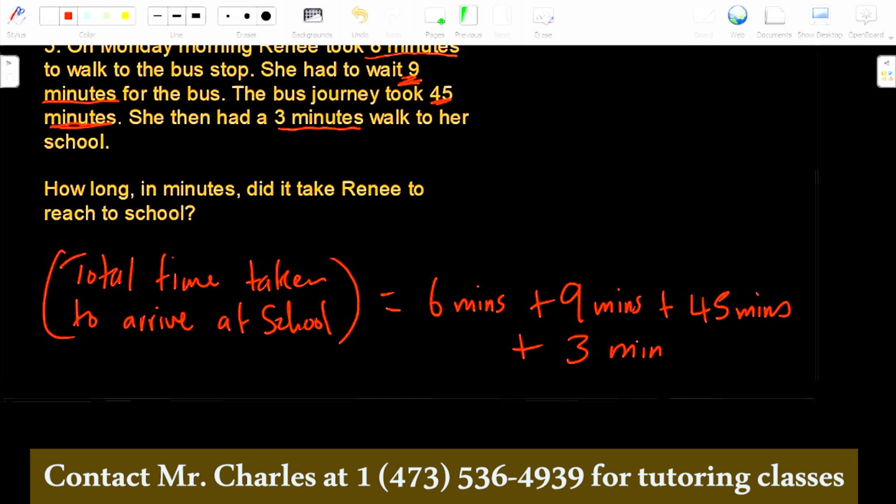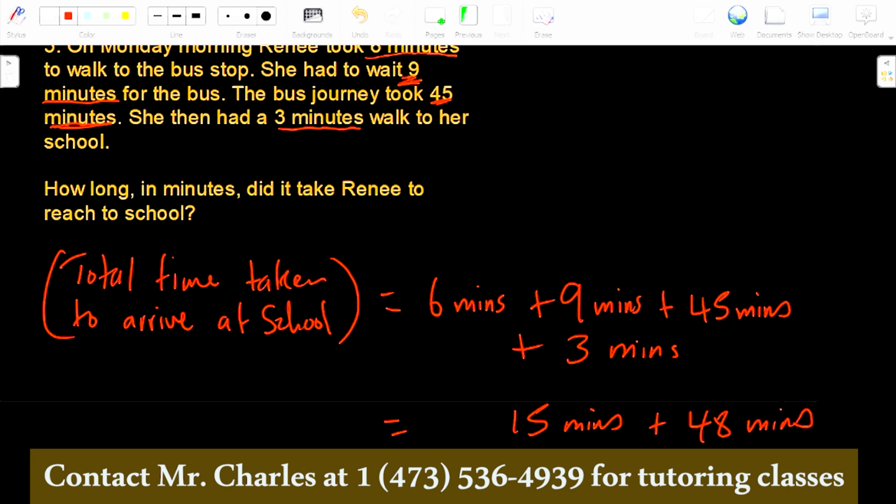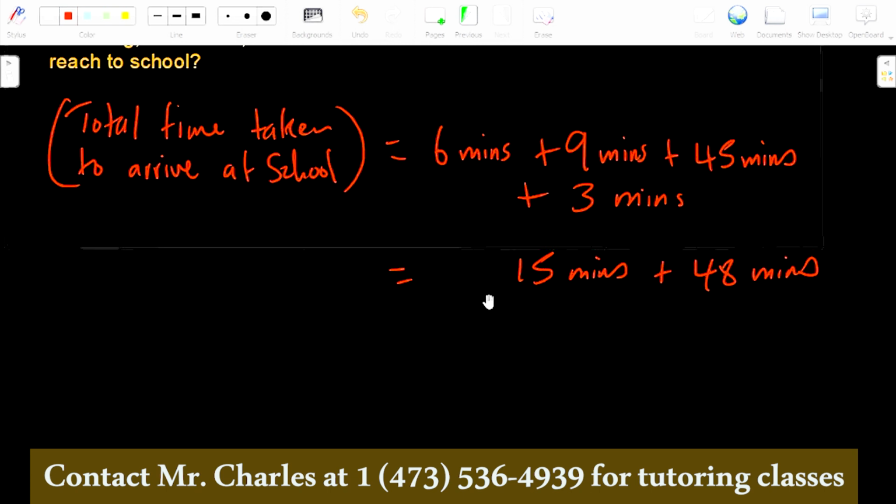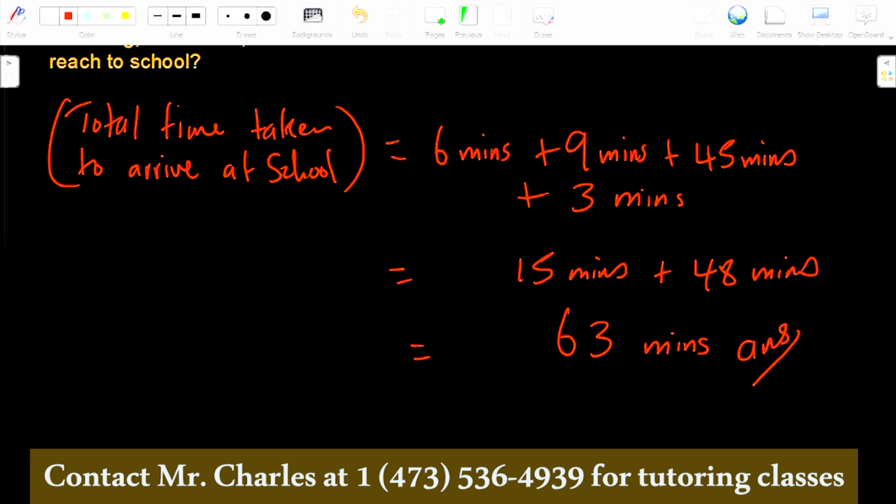Good. So 6 plus 9 is 15 minutes, plus 45 plus 3 is 48 minutes, and the sum of 15 minutes and 48 minutes is 63 minutes. So that's the total time taken for Renee to travel from home to school, 63 minutes.